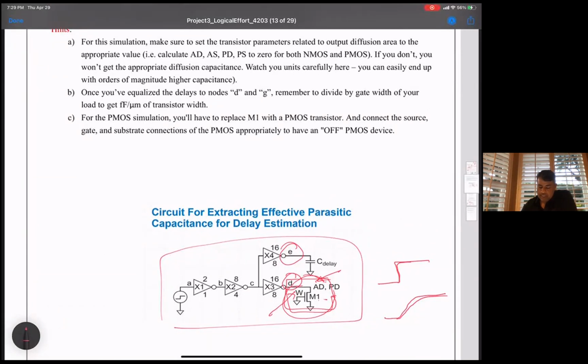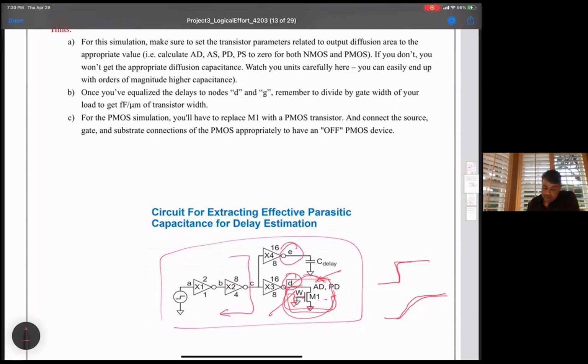So be careful about that. Then make sure your NMOS is off, with the gate low and the source low.